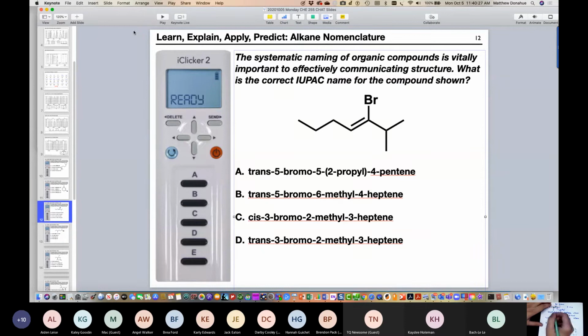And now what we're looking at is the location of the two number one priority groups. See how they're on the same side of the alkene? They're both on the same face. The word that we use in organic chemistry for same is cis.